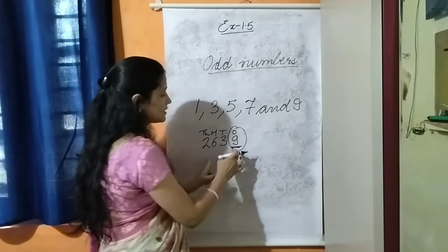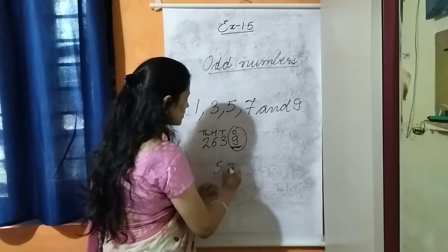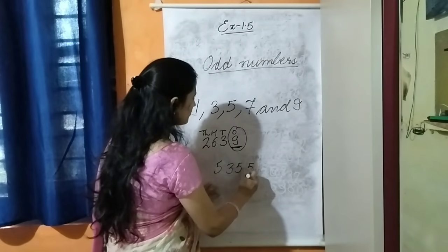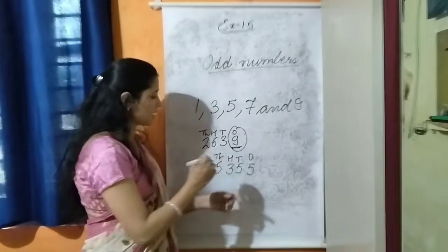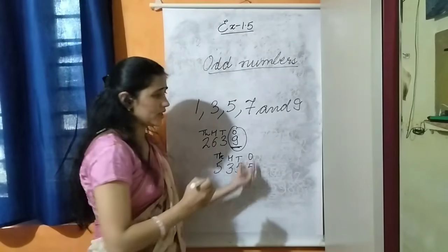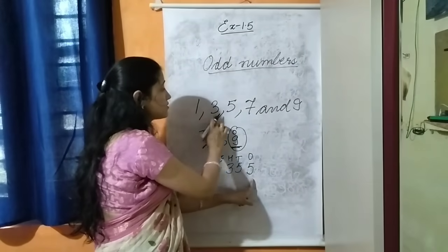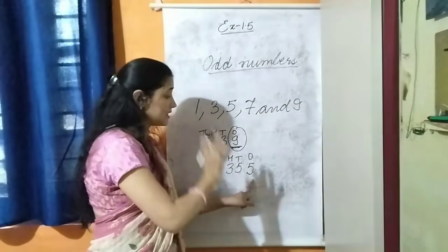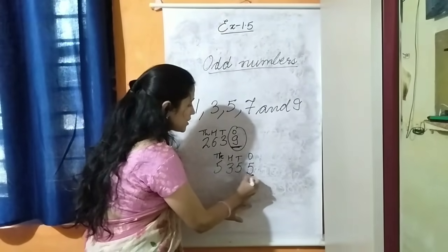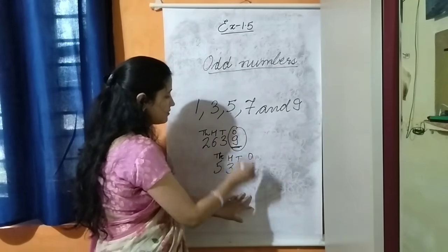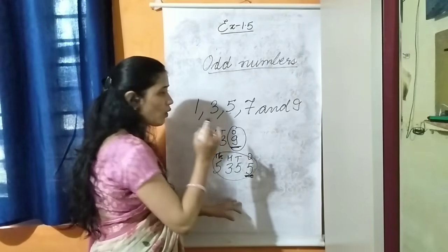That means this is an odd number, okay. 5355. Ones, tens, hundreds, thousands. Which place do we have to see? We have to see the ones place, okay. If at ones place we have any of these numbers 1, 3, 5, 7 or 9, then that number is going to be odd, okay. So here at ones place we have 5. That means this is an odd number, okay.